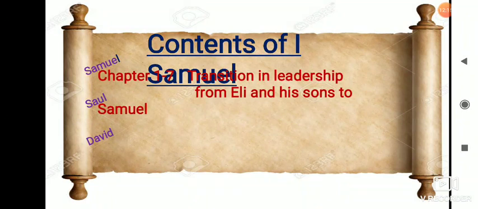Samuel combines the offices of judge and prophet. As is said in Acts 13:20, Samuel was the last of Israel's judges and the first of its prophets, as said in Acts 3:24.